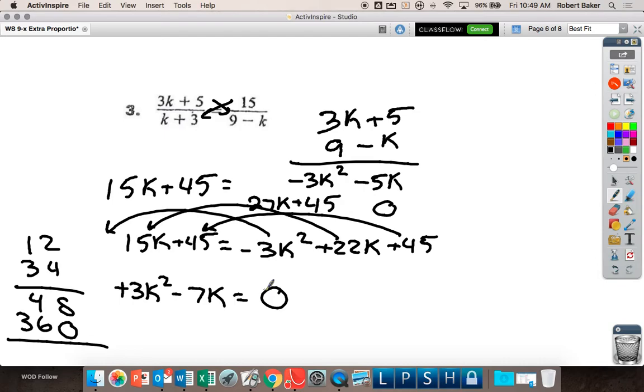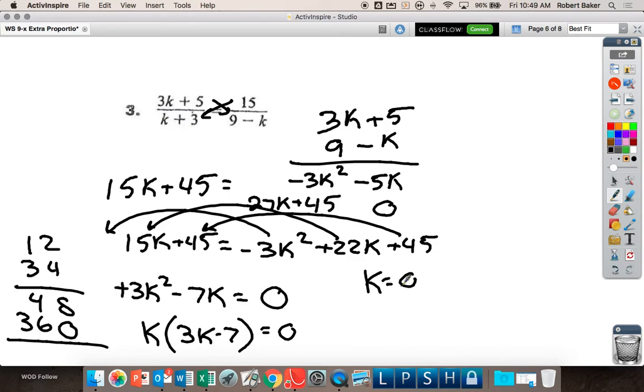Factor. So now we're pulling the greatest common factor. What do these two things both share? K. They share a K. And I have two factors. K equals 0 is one I have to solve.